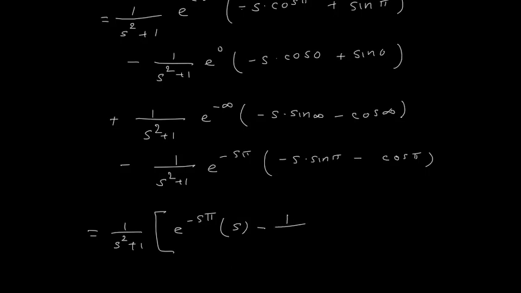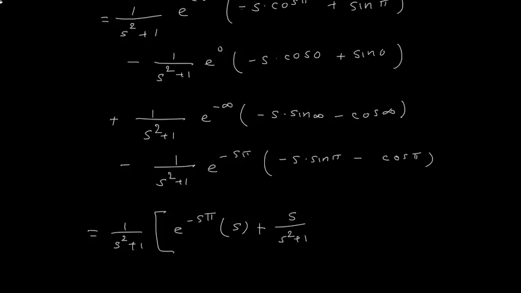Then I have here minus e power 0 is 1, so I have 1 upon s square plus 1, then minus s into cos 0 is 1, so this is minus, and this is minus, so I will take minus minus plus, and in place of s we will write s, so it is s upon s square plus 1. Then here sin 0 is 0, so that we will not write.